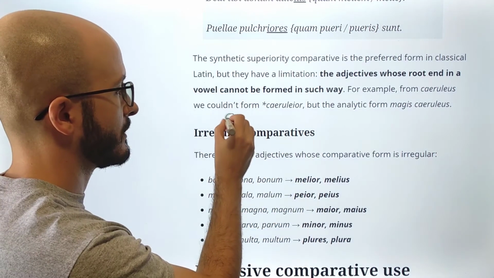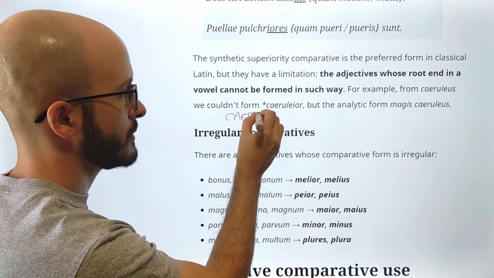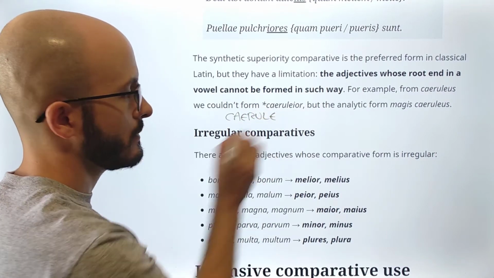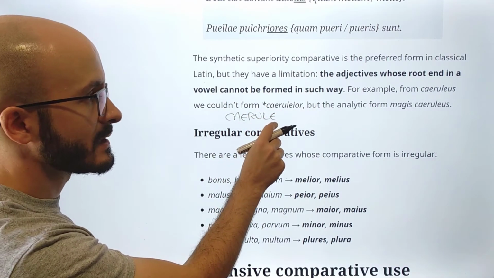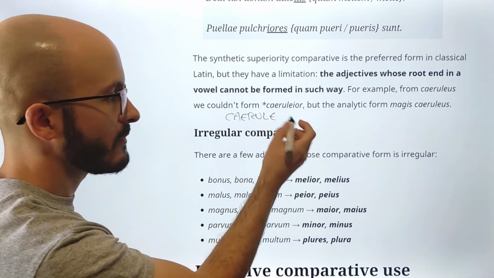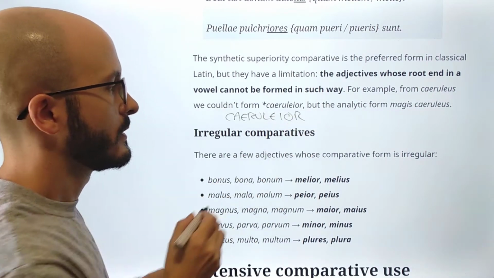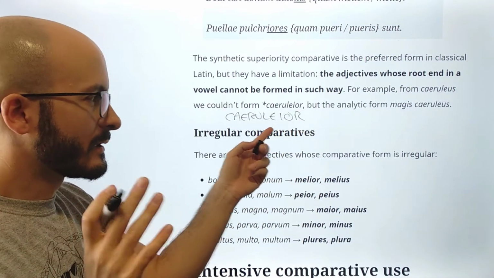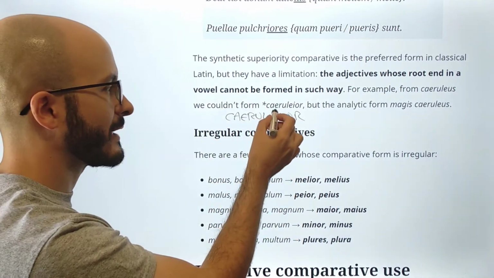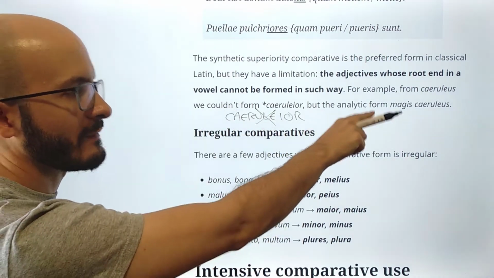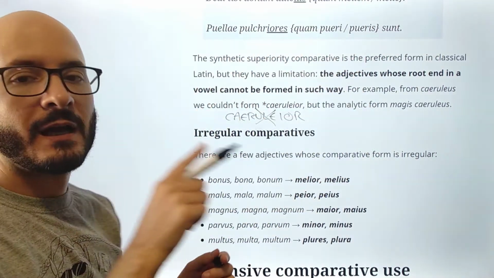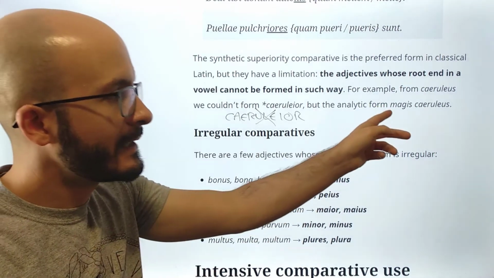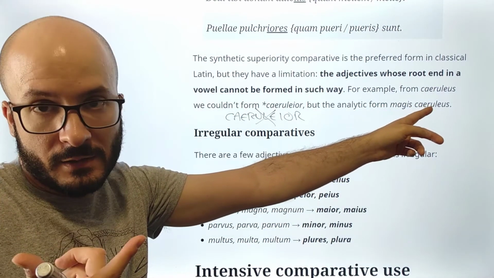So imagine that we take the root, caerule, which ends in a vowel. So now if we say -ior, then caeruleior. You see that it doesn't really work, no? Caeruleior. So you cannot say that. So in this case, you always have to say magis caeruleus. So magis and the normal adjective.